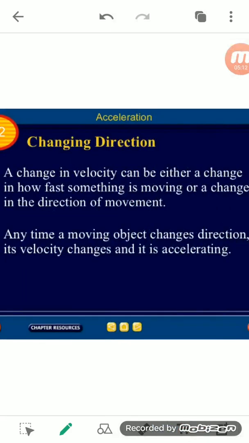Okay, so a change in the velocity can be either a change in how fast something is moving, or a change in the direction of the movement. So if an object is moving and continuously changing the direction, we can also say that the body has some kind of acceleration value, or it is accelerating.